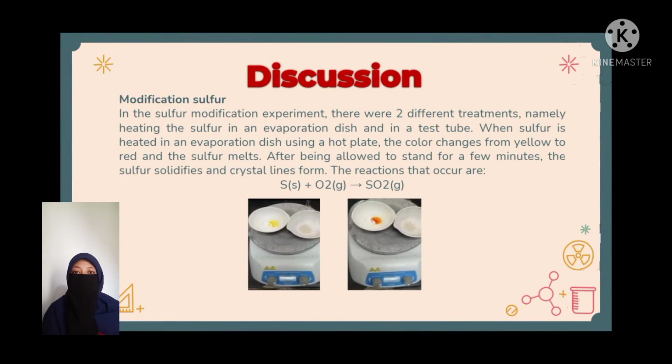Okay, next, discussion: modification of sulfur. In the sulfur modification experiment, there were two different treatments, namely heating the sulfur in an evaporation dish and in a test tube. When sulfur is heated in an evaporation dish using a hot plate, the color changes from yellow to red and the sulfur melts.